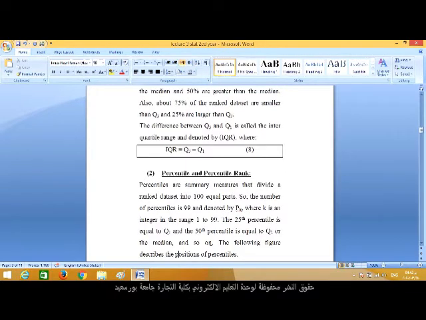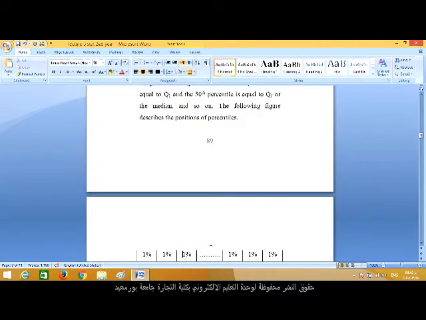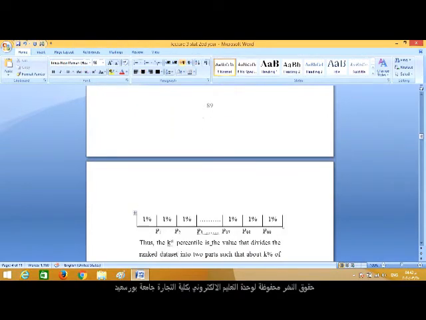The following figure describes the positions of percentiles. Here we have 99 percentiles, and we have 100 parts into which the percentiles divide the data set. So every part contains 1% of the data set, okay?